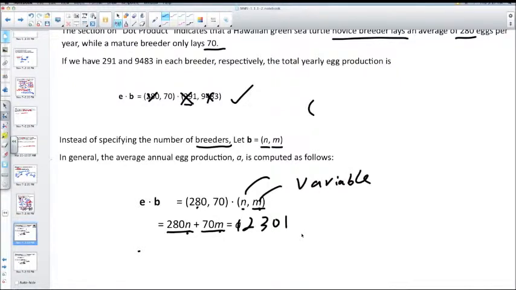And then you can say next year, or next month, I found that the total laid this many eggs, but the eggs of the novice breed still are the same number, around the average 280, mature 70.